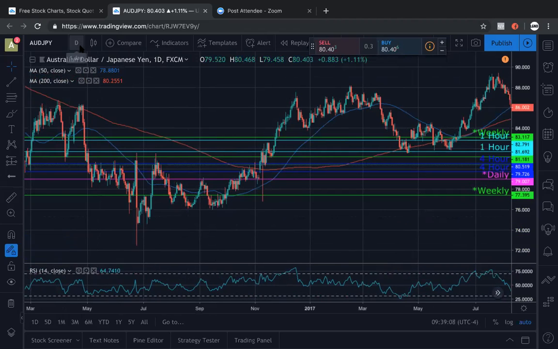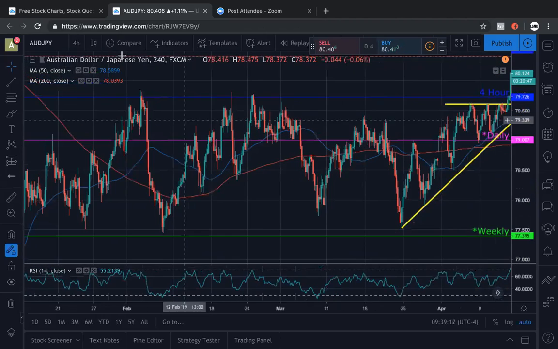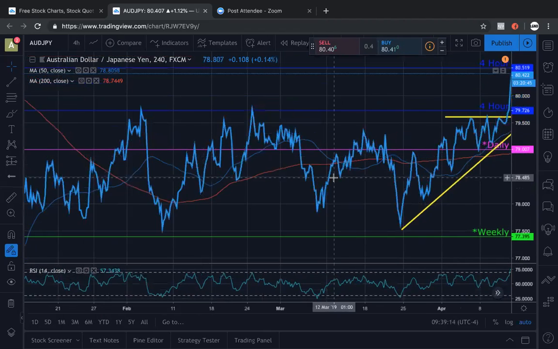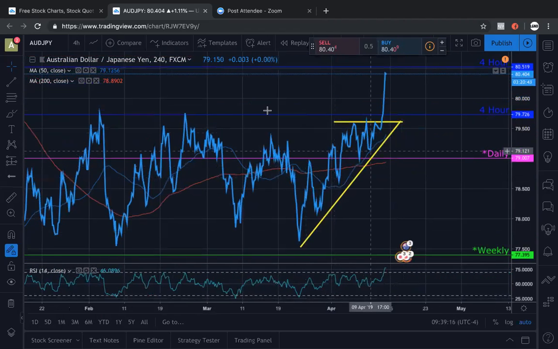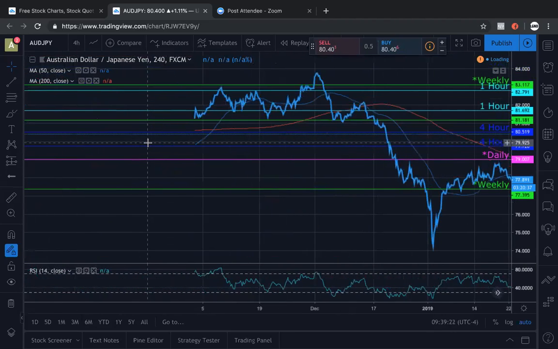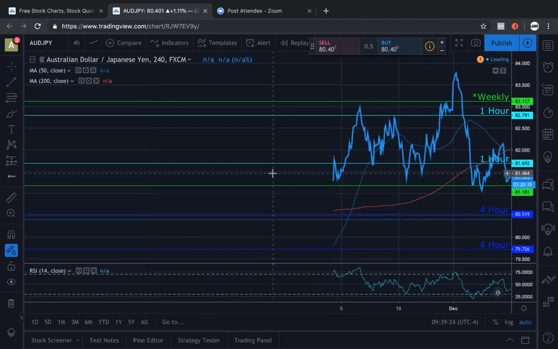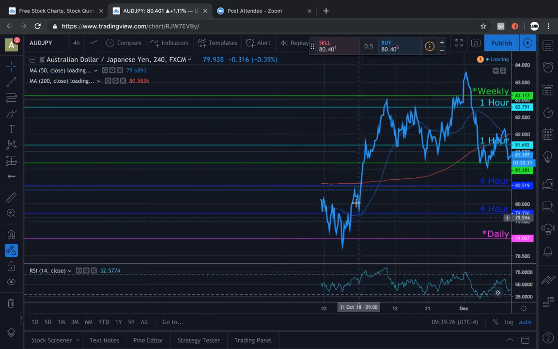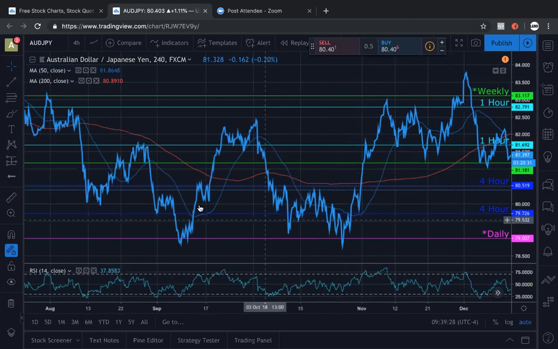All right. So then let's look at the 4 hour. Same situation. Switch it to line chart. So we see here, price is respecting that 4 hour level. Boom, boom. Let's look back a little bit further. Price is respecting the level. Boom, boom.